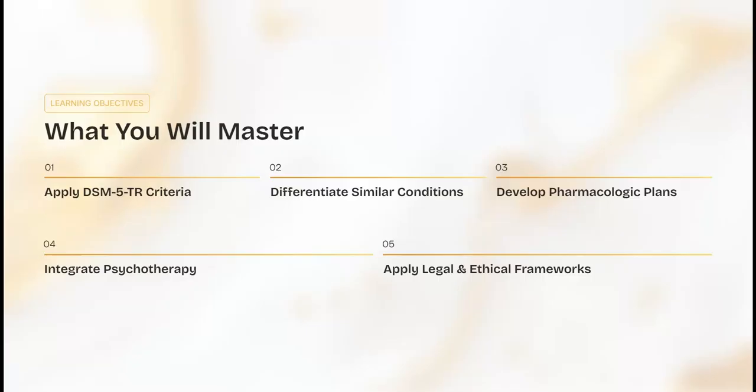Understanding risks, being able to document correctly, cultural factors, and patients' rights is important for navigating the legal and ethical framework of clinical practice. So this is all important, and we're going to go over that for this lecture.